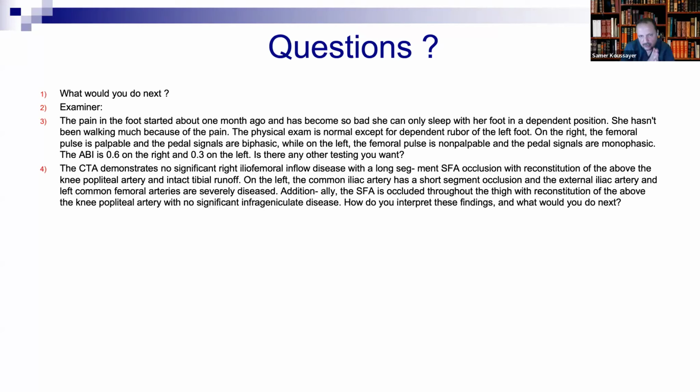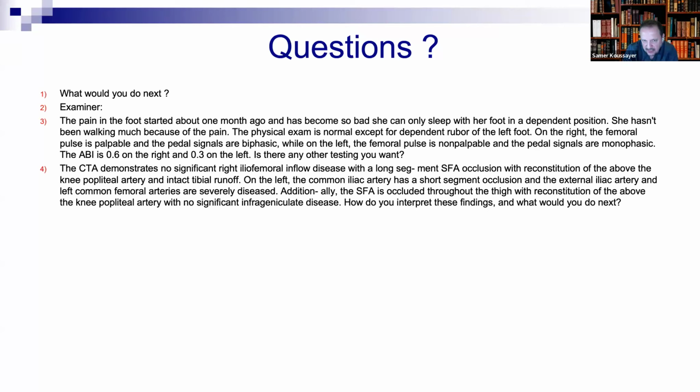Let me summarize that again. On the right side, she has SFA occlusion. On the left, she has common iliac occlusion, disease in the external and common femoral, and SFA occlusion. Okay. So first, you should tell me what we're going to do. On the right, she has SFA occlusion, but she's asymptomatic.